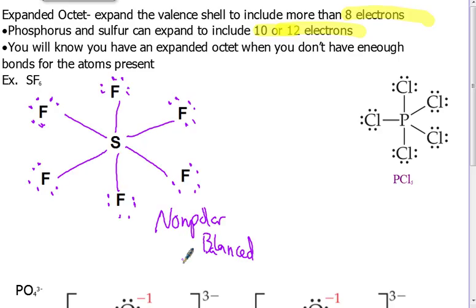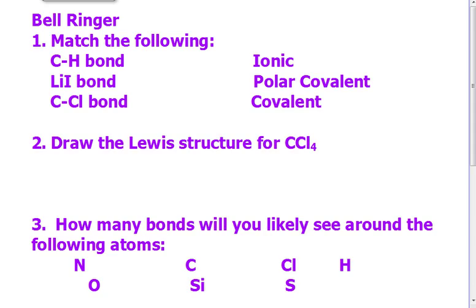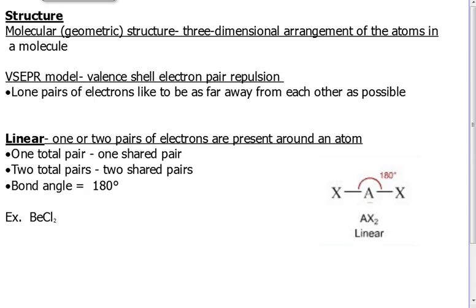Pretty fun, though. Okay, so what we're going to shift into now is actually trying to talk about the 5 shapes. The 5 shapes, pretty simple if you actually see them and kind of think about them. The first one is linear. And in linear, guess what arrangement the 3 atoms make? A line. Very good.